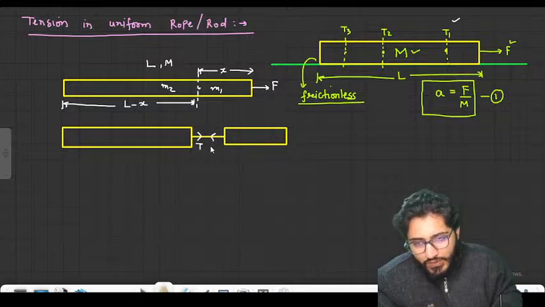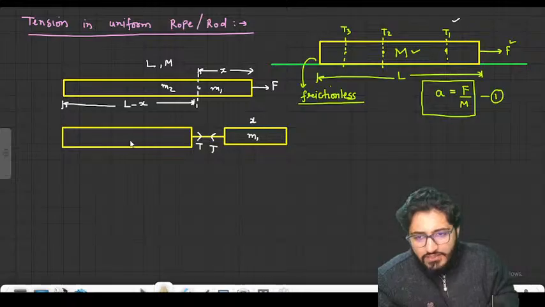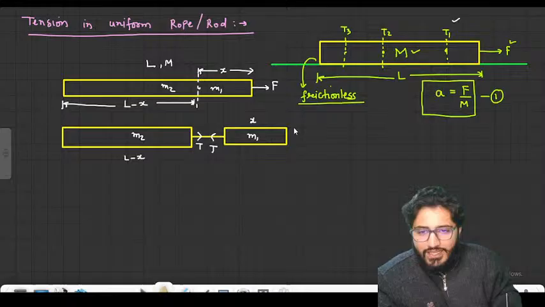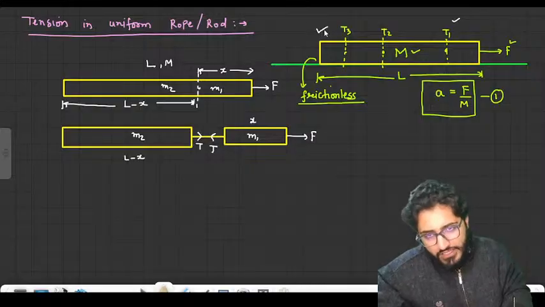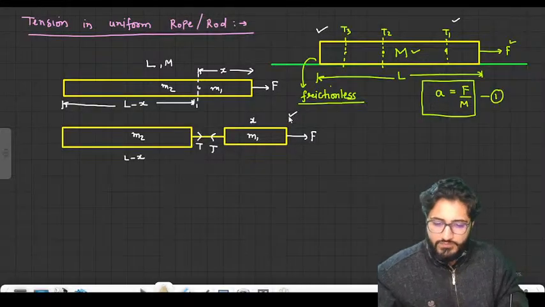Now what will be the value of this tension? That we need to calculate. Mass of this one is m1, length x. Mass is m2, length L minus x. And force F is applied. Now we break this problem down into a smaller one.